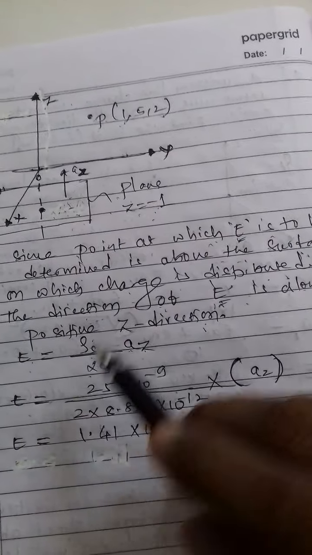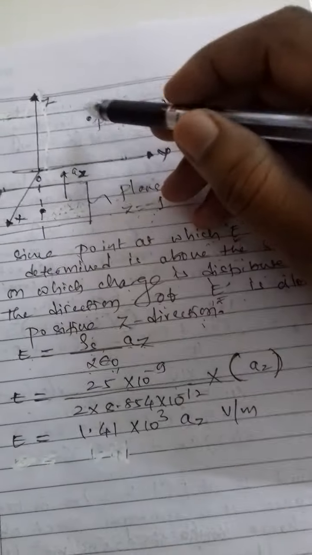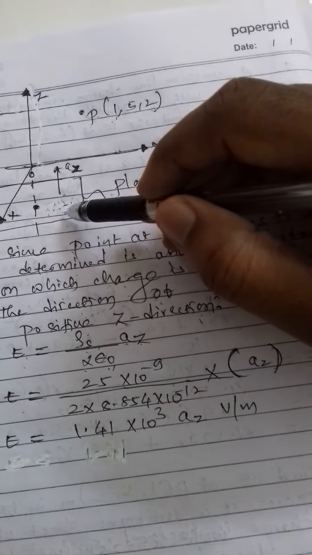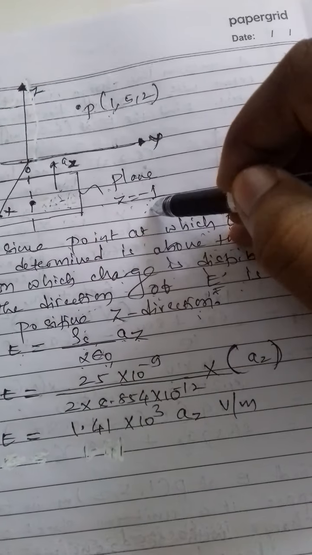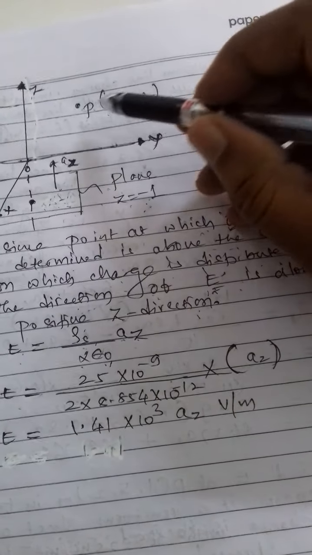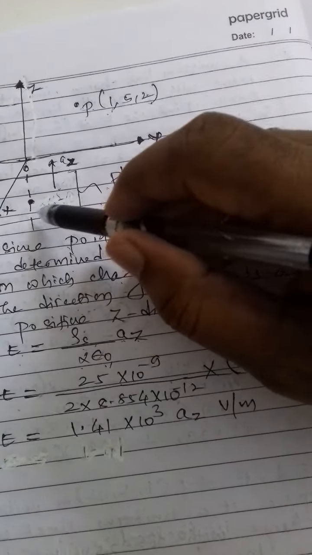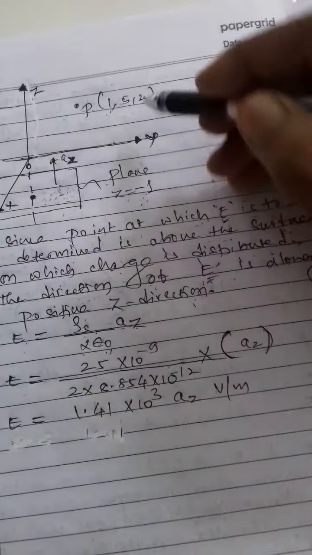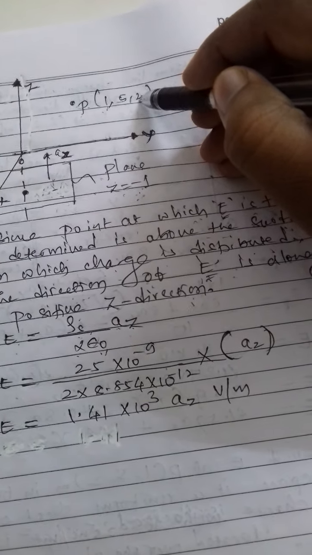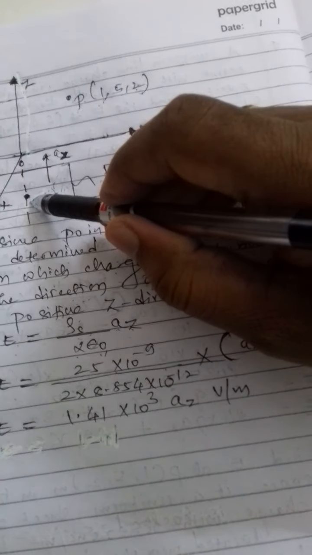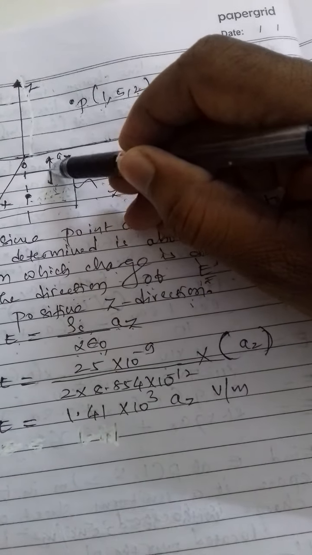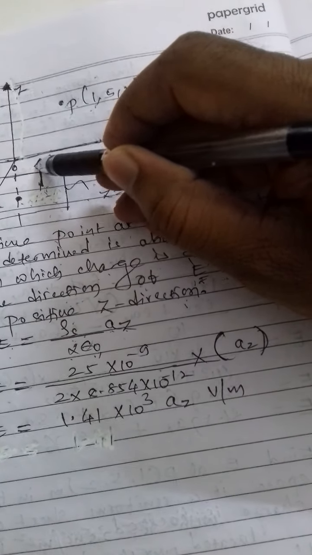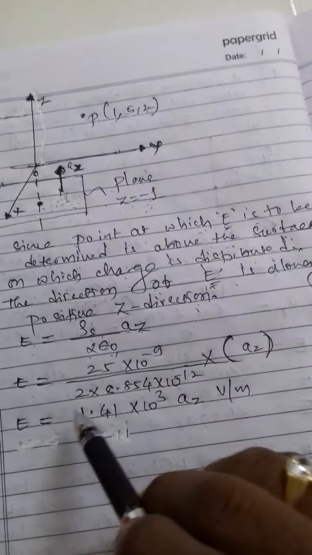Now since point P is above the plane on which the charges are distributed, which is placed at z = -1, because here z is 2 and here z is -1, the direction of the electric field is the positive z direction. The direction of the electric field intensity is along the positive direction.